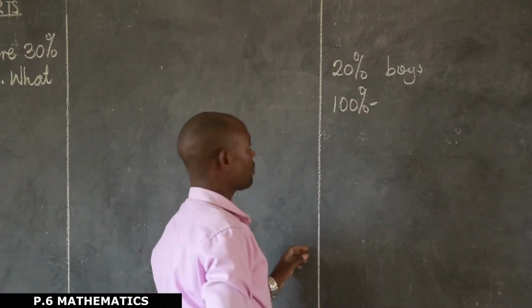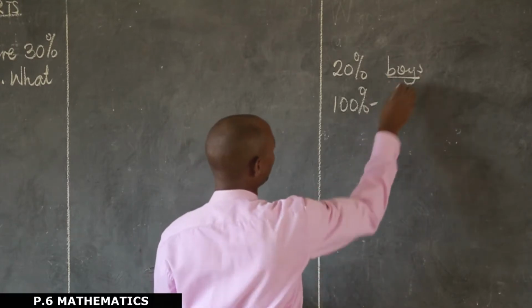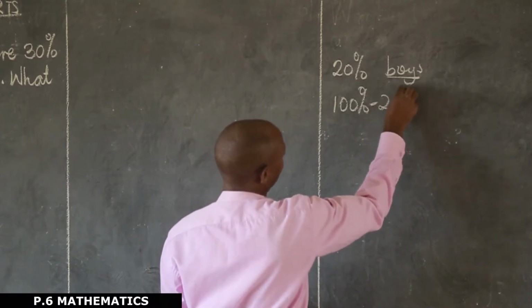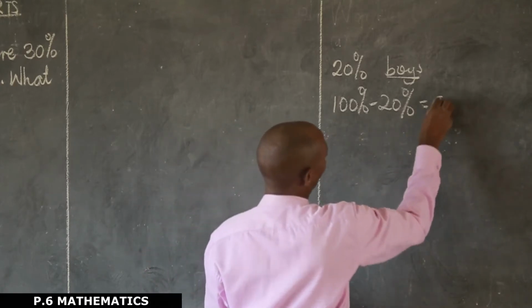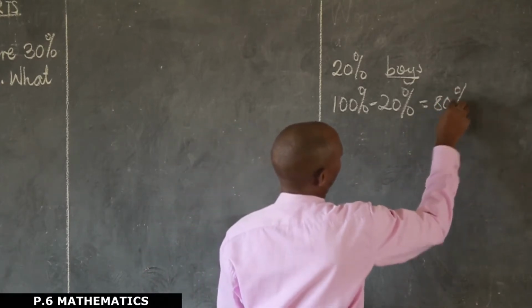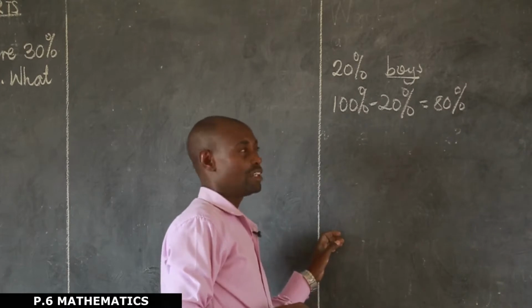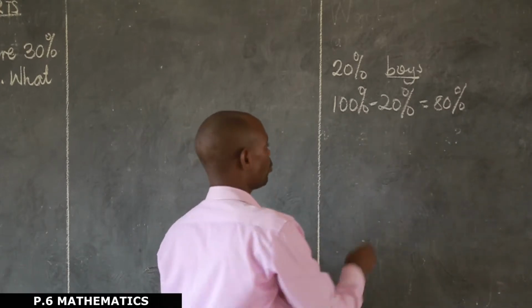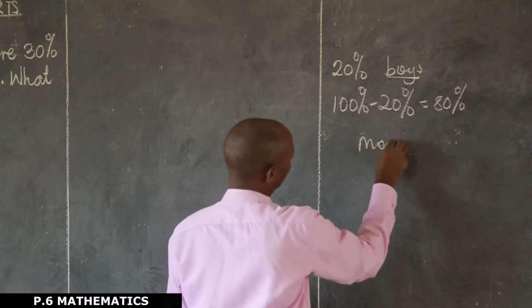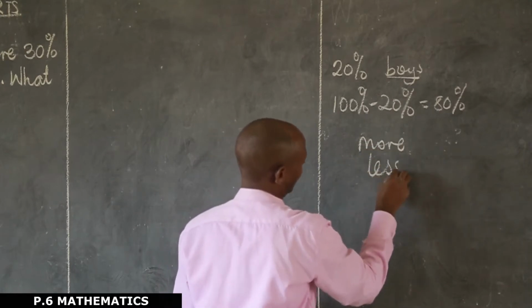Then you take away the percentage of boys, which is 20%, in order to come up with the percentage of girls, which will be 80%. We also looked at examples where we're using the word more and less.